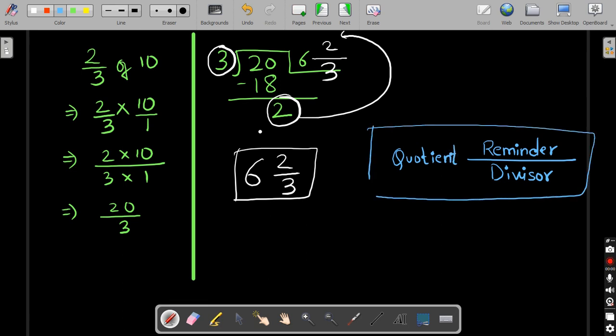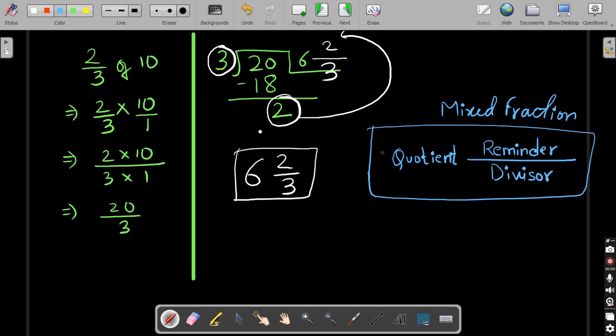If you want, you can note it down. This is the format of your mixed fraction. If you need to divide it, after that you are going to convert it into this.